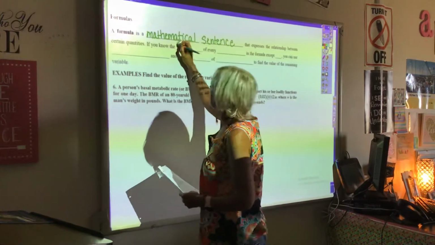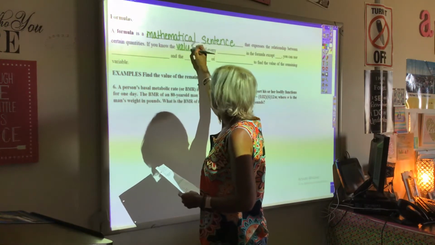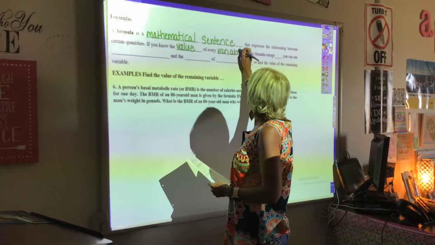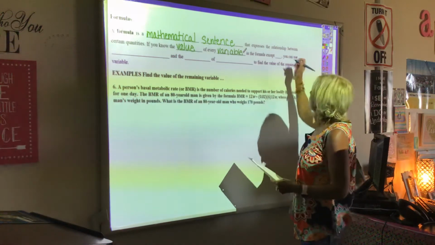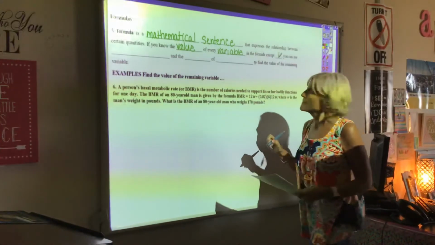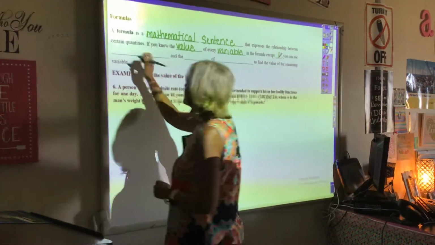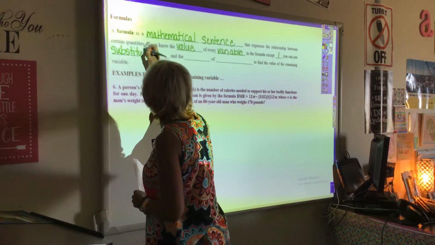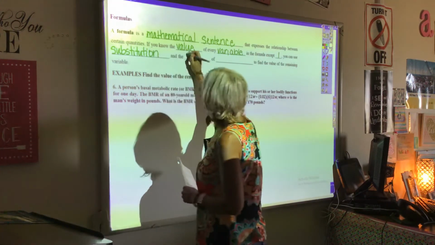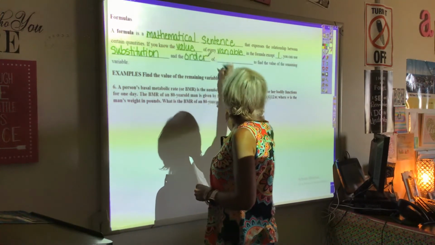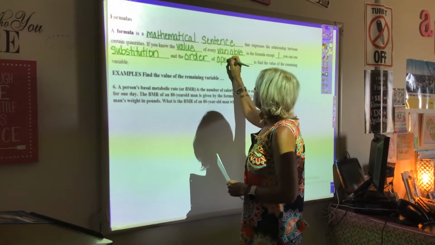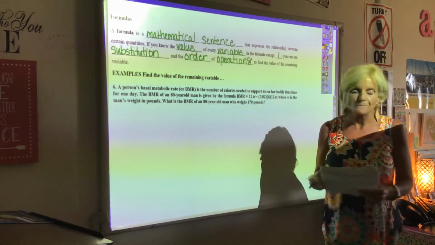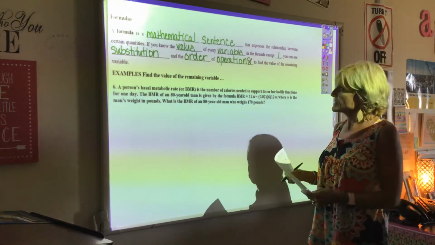If you know the value of every variable in the formula except for one value of a variable, you can use substitution and the order of operations to find the value of the remaining variable. An example of that would be this next problem.